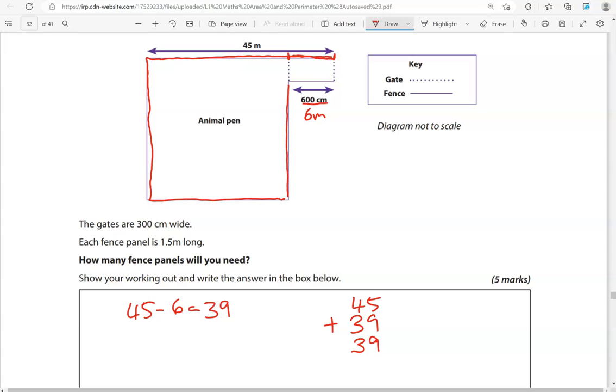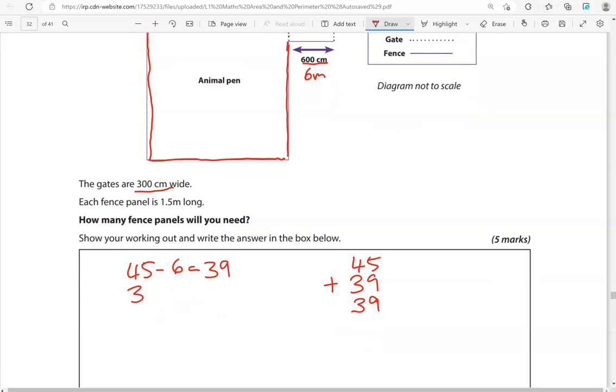This length will be 39 take away this dotted line, which represents the gate, and the gate is 300 centimeters wide, which is equal to 3 meters wide. So 39 take away 3, which is 36 meters.